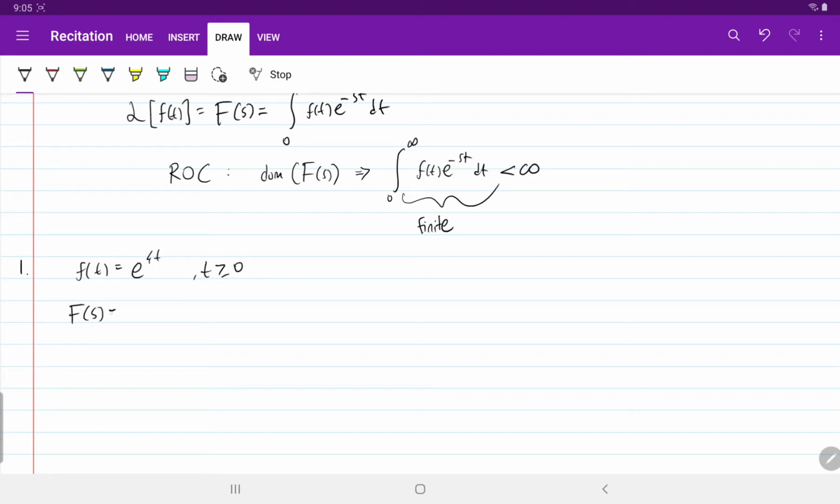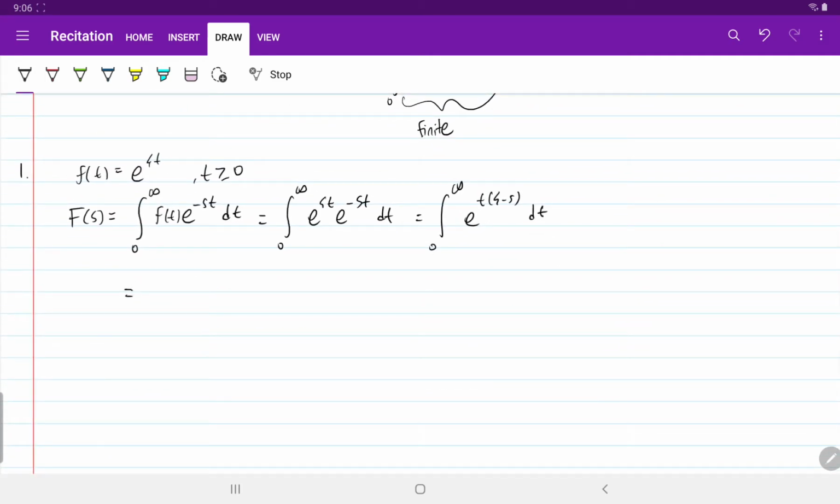F of s, the Laplace transform of f of t, is the integral from 0 to infinity of f of t e to the power minus st dt, and then we substitute f of t: the integral from 0 to infinity of e to the 4t times e to the power minus st dt, which is the integral from 0 to infinity of e to the power t(4 minus s) dt.